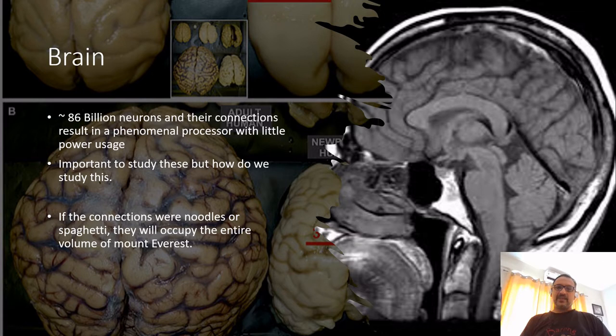That's the main reason why we want to study the structure. And in this talk, we will talk about some of the ways as to how we can actually do it. Okay. To give you an idea about the scale of the problem that we encounter when studying this structure, if you actually map out the connections between individual neurons and if they were your noodles or spaghetti, they will end up occupying the entire volume of Mount Everest, which is the largest mountain structure on the planet, right?